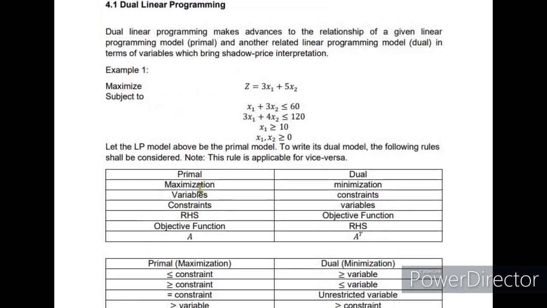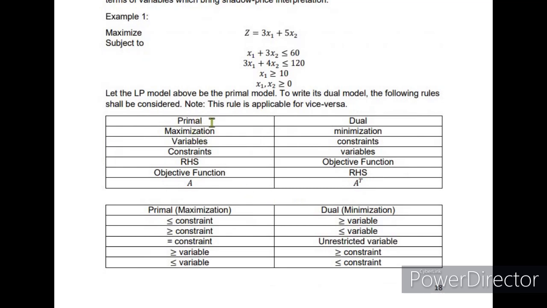Okay, so now this is the rule for the dual programming model. Let the LP model above be the primal model. So we will consider this given as the primal model. Now, to rewrite its dual model, the following rules shall be considered. This rule is applicable vice versa, meaning if the dual is given, you can rewrite the primal using these same rules. If in the primal it is maximization, then the dual should be minimization.